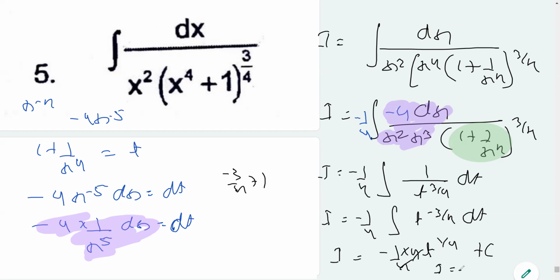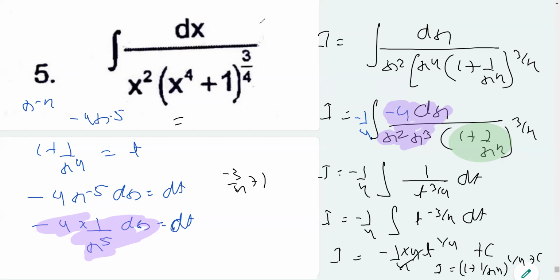So I is equal to finally t raised to the power 1 by 4. And what was t here? t is this thing. So that is 1 plus 1 over x raised to the power 4, raised to the power 1 by 4 plus c.